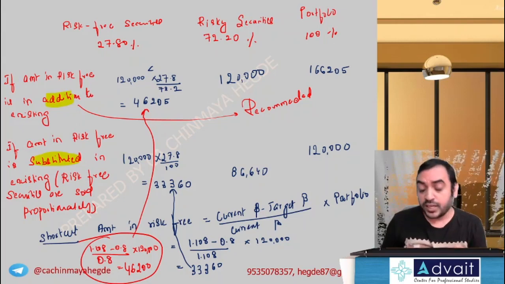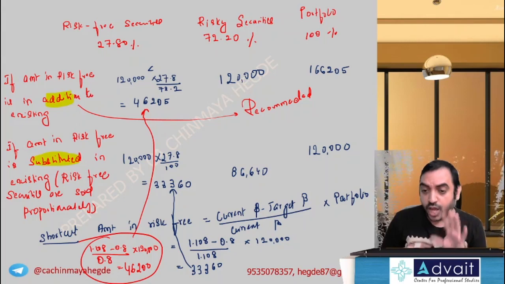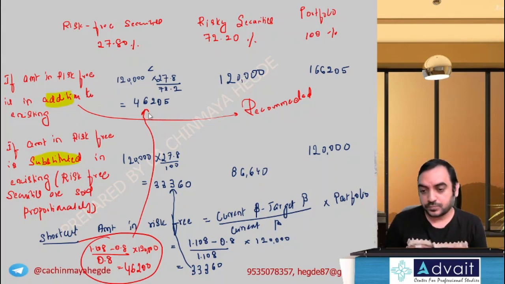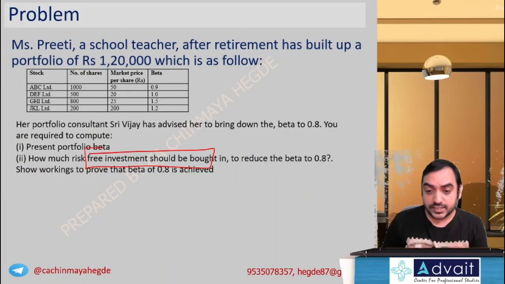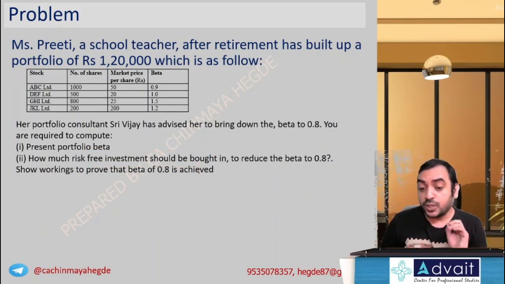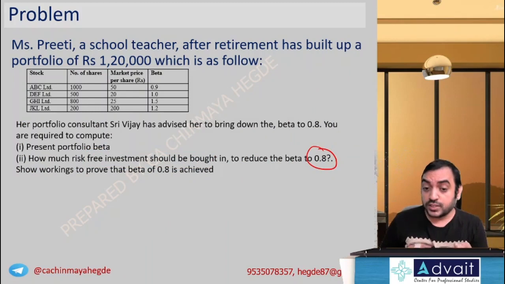Maybe we'll do it quickly, but one more interpretation I would like to do here. I hope you have taken down till here. Okay, now here they said how much risk-free investment should be brought in to reduce the beta to 0.8. Similarly, in the question they can say increase the beta also.